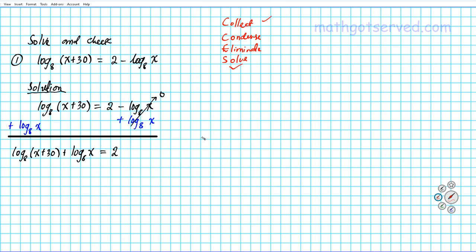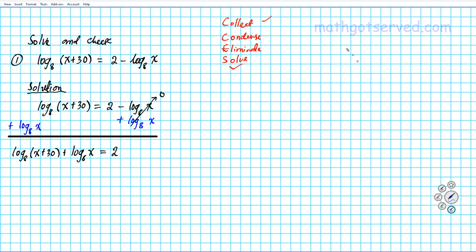To condense, we're going to use the quotient and product properties of logarithms. It's related to that of exponents too. Here we have the sum of logs. Remember that the sum of logs is equivalent to the log of the product of the logarithmic arguments.